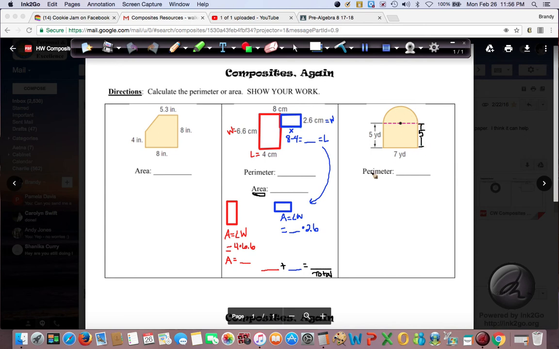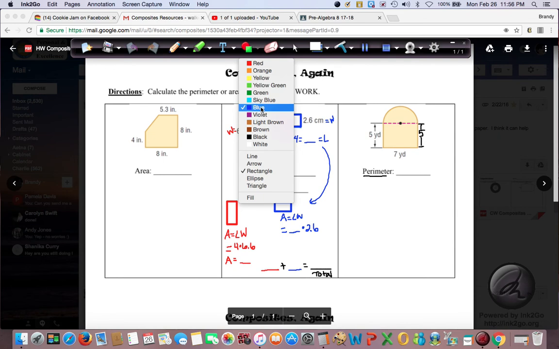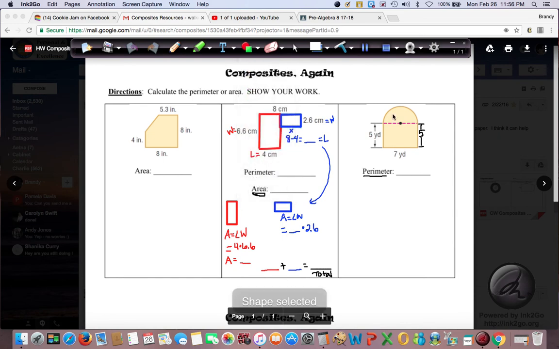Well, when we're looking for perimeter of a semicircle, this is actually circumference. So if I do the circumference here, going all the way around, I'm going to need to do just half of it because it's not a full circle.